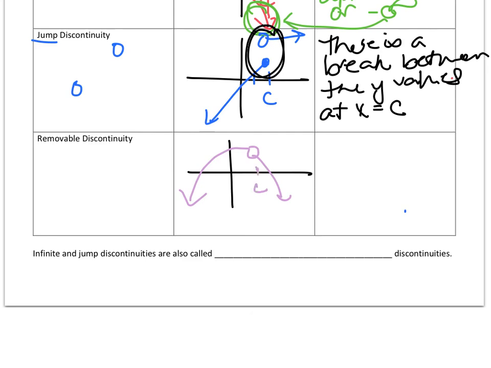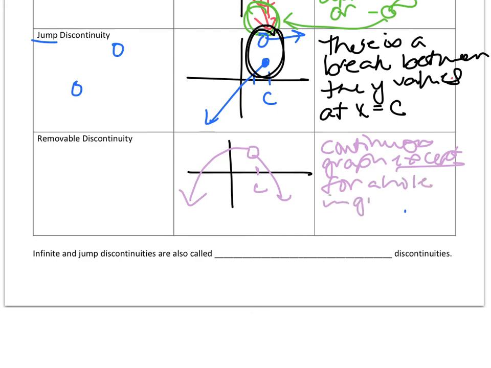So at c, you basically have a continuous graph except for a hole in your graph. They've removed a coordinate, they've removed a y value. So it looks like it was continuous, but it's not.